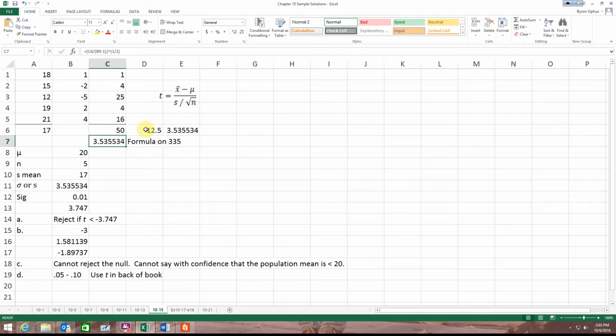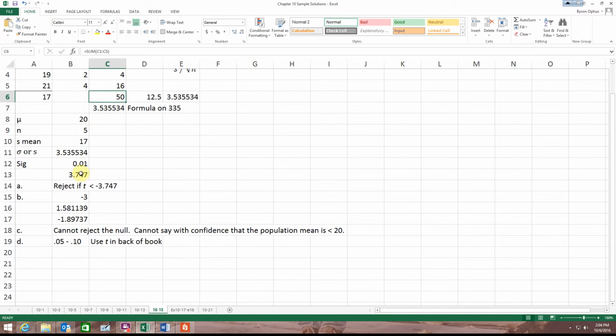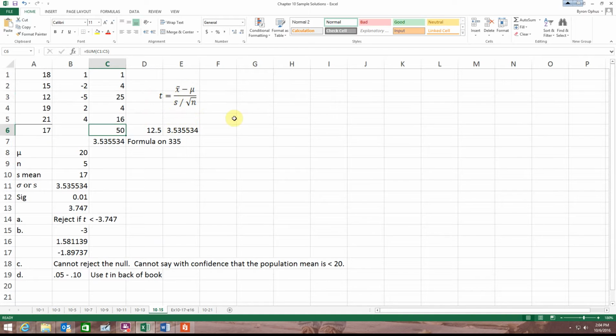You can do it either way. But remember, when you calculate the standard deviation of a sample, you have to take it n minus 1. We have to put in that adjustment factor. So then I list my data just like I do on anything. I'm still using my t formula, right?